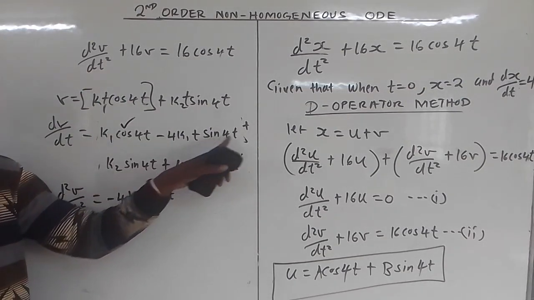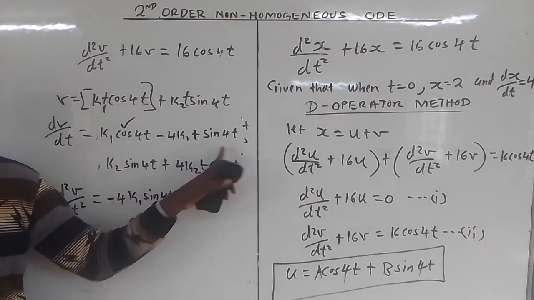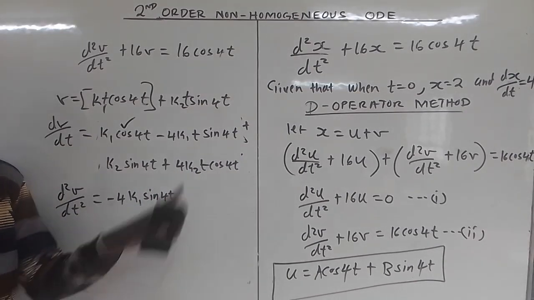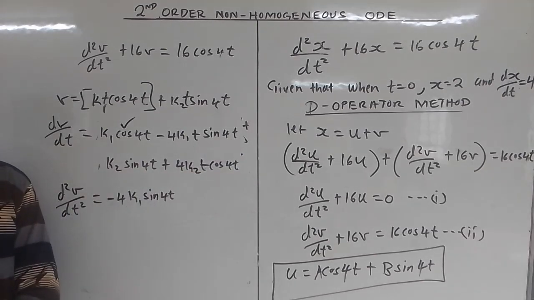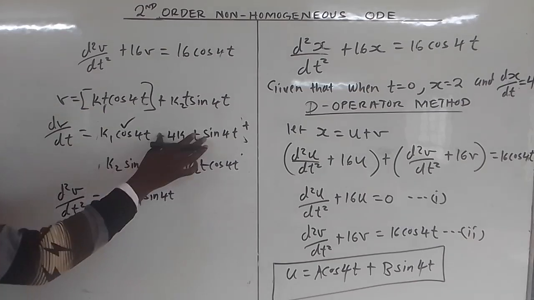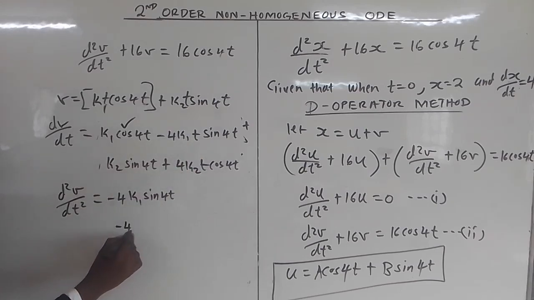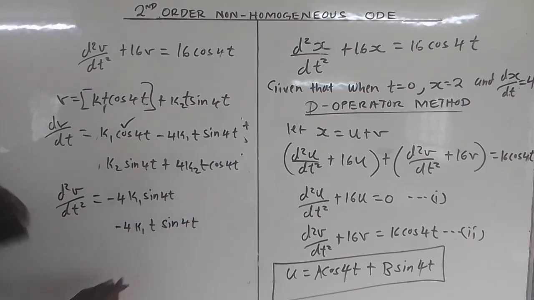You move here. See here, you use product rule again. Is that okay? You use product rule again. So you start. Here you have negative 4 k1t sine 4t. You want to differentiate this.